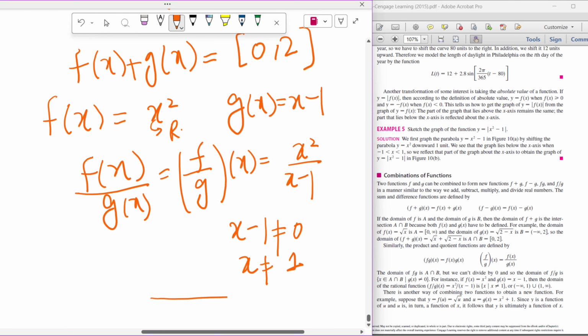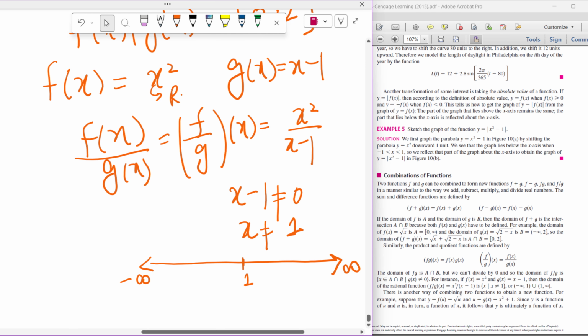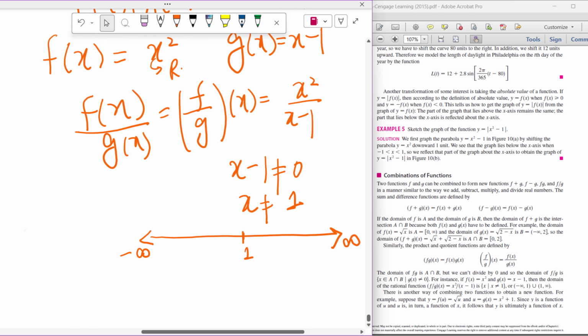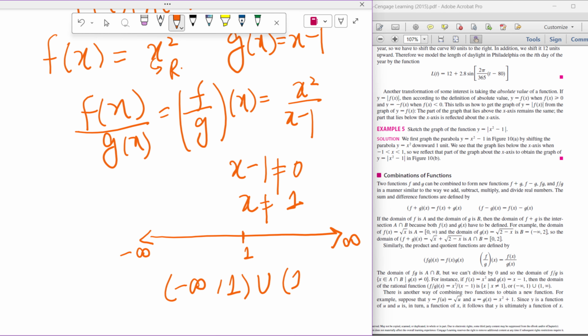If I draw the number line from minus infinity to plus infinity, here is the number 1. So x not equal to 1, but all other real numbers are allowed. So I can write minus infinity to 1, so this is the common domain, and then 1 to infinity.